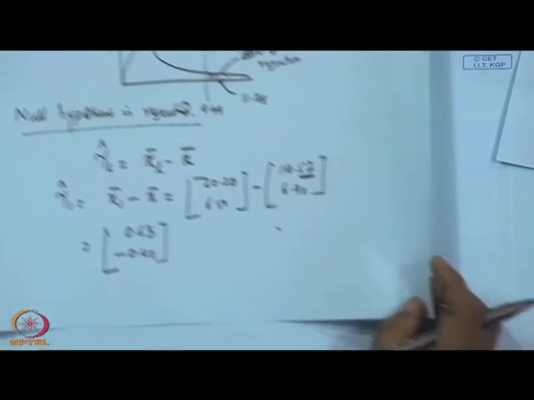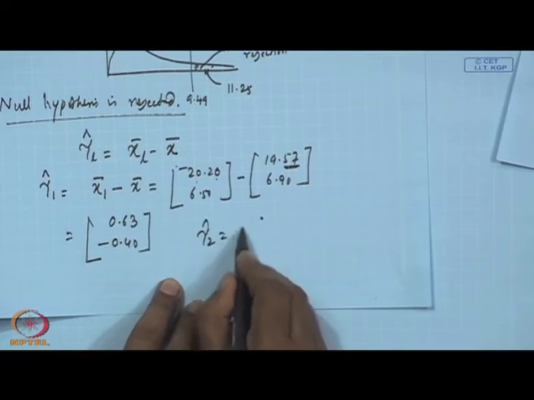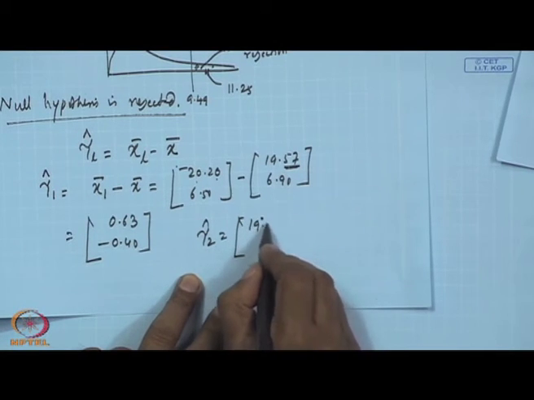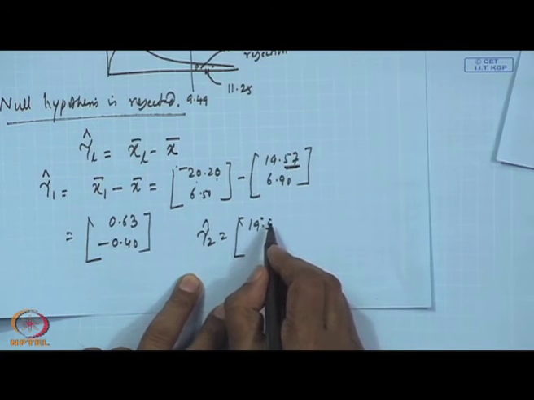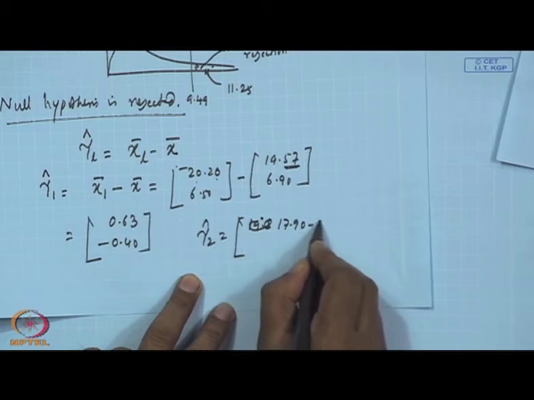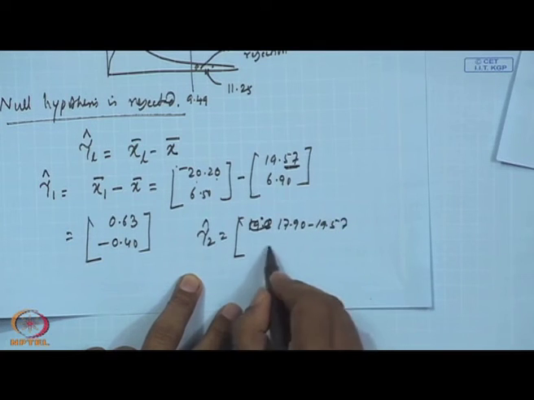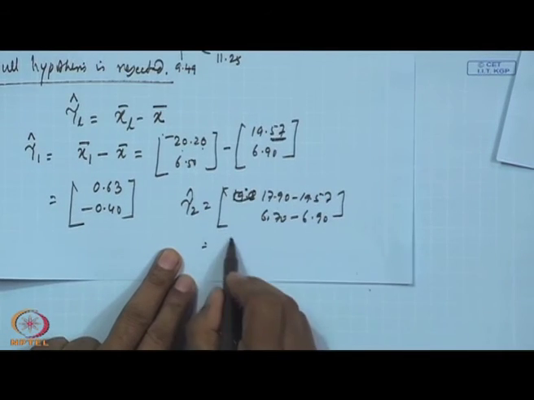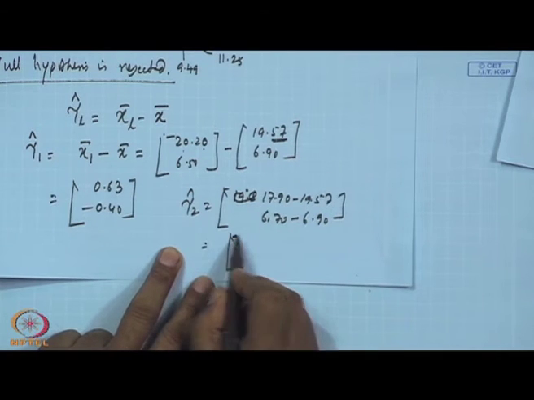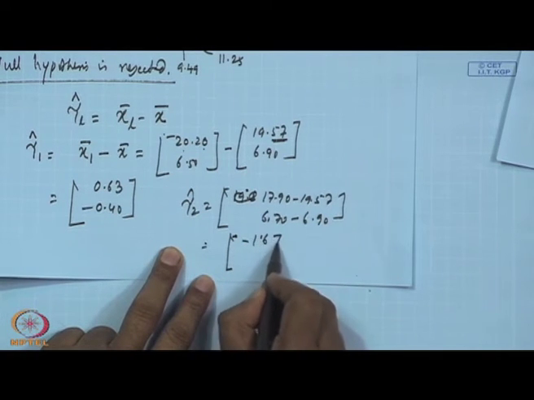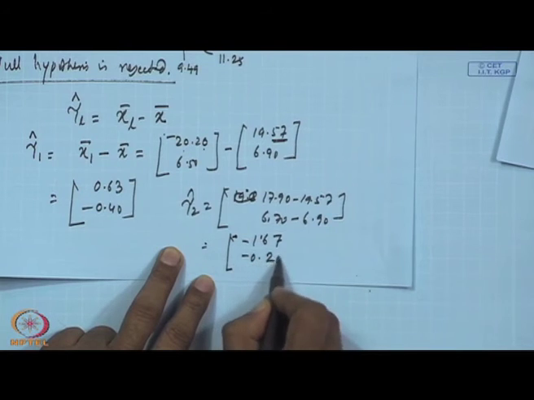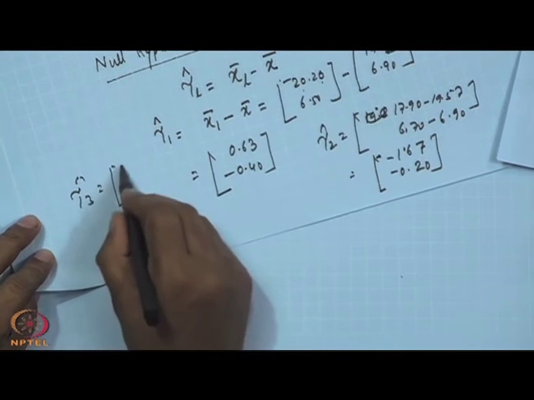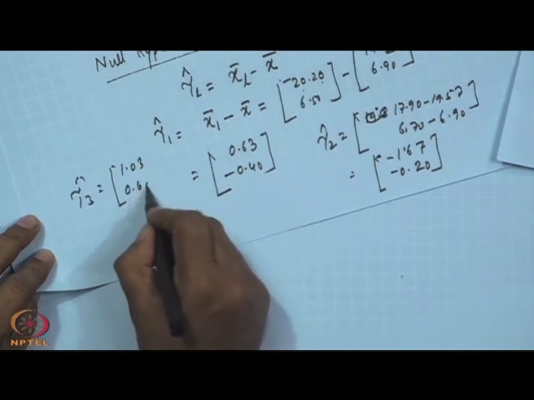Similarly, you will get the tau 2 value in the same manner. Tau 2 will be 17.90 minus 19.57 and 6.70 minus 6.90. So tau 2 will be minus 1.67 and minus 0.20, and similarly your tau 3 value will be 1.03 and 0.60.